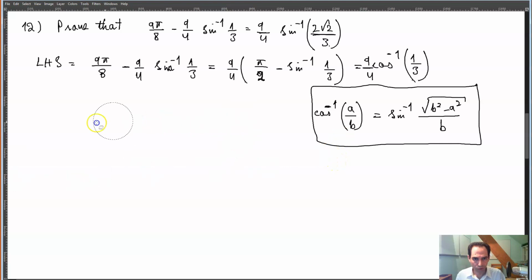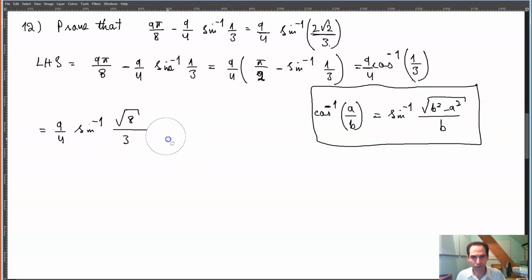So I'm going to say that therefore this is going to be equal to 9/4, and the cos inverse of 1/3 would be equal to the sine inverse of the square root of b squared minus a squared, 9 minus 1, which is the square root of 8 over b, which is equal to 3.